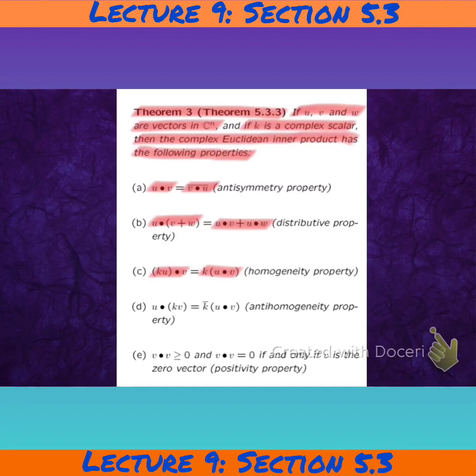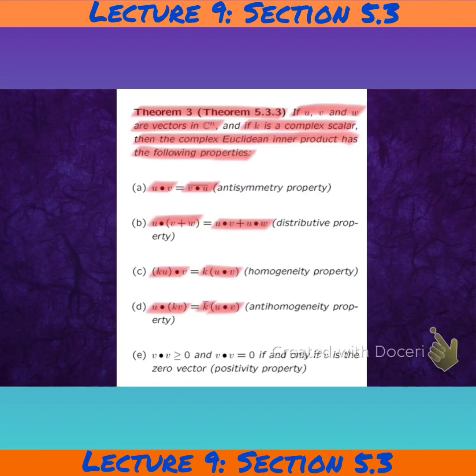Right, it works a little bit differently now if you take a scalar multiple. If the second vector in your dot product is a scalar multiple, then it's a little bit different. So there, definitely the order is important. If you take the dot product of a vector with the scalar multiple of another vector, it's the same as taking the dot product of the two vectors on their own, and then on the left multiplying that with the conjugate of k.